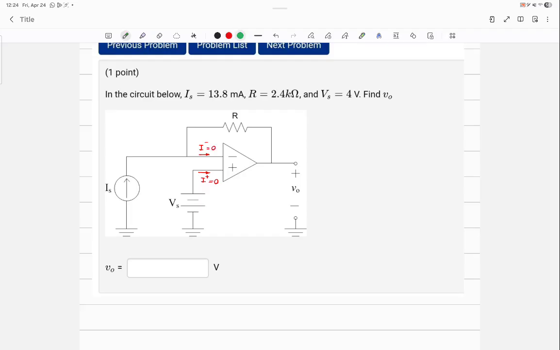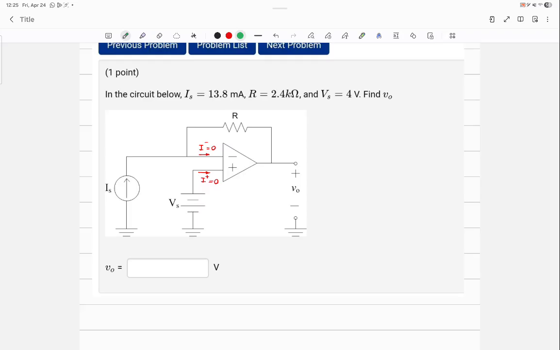Read the second rule. The voltages are equal, so V positive equals V negative. Okay, whenever you want to talk about this rule, the voltages that are equal, go for the terminal that you're sure what the voltage is at. For example, if you look at the positive terminal, are we sure what voltage the positive terminal is connected to?